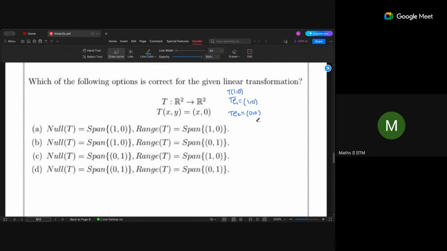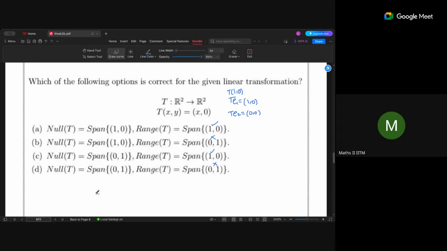When you take the spanning set, we don't take the zero vector, right? It does not contribute anything if you take the zero vector. So what is the spanning set for range of T here? Which of the following options will match? Yeah. So you see that this is matching, but this is not matching, right? So we can see what is the range.